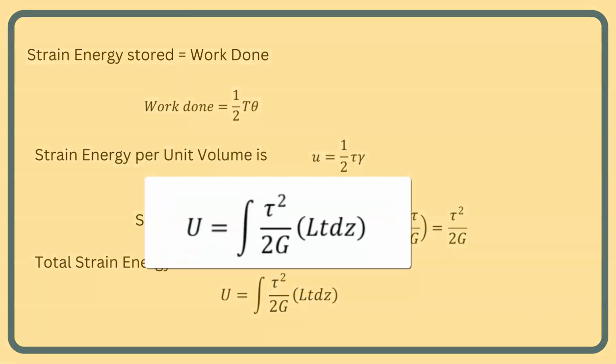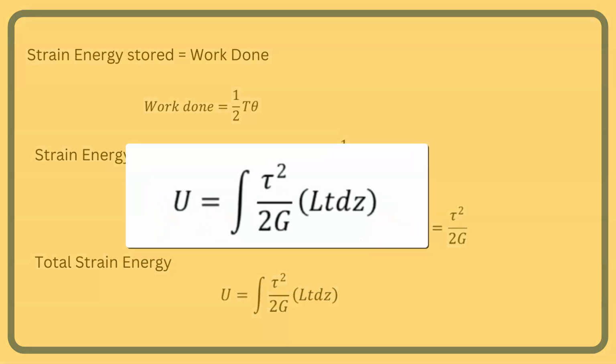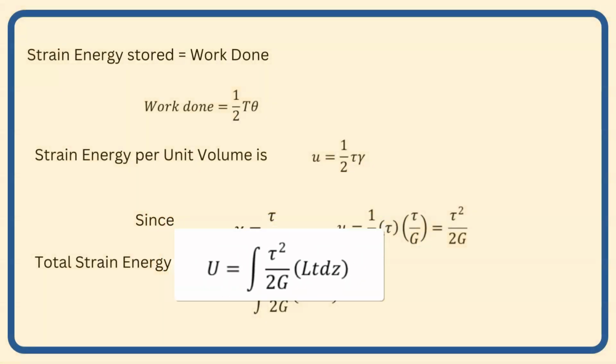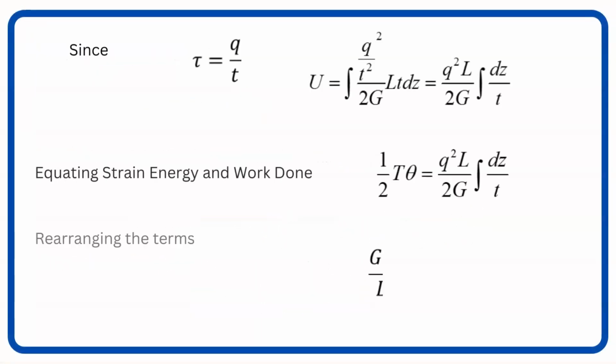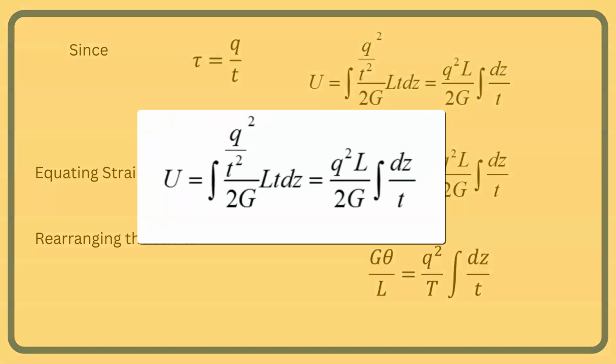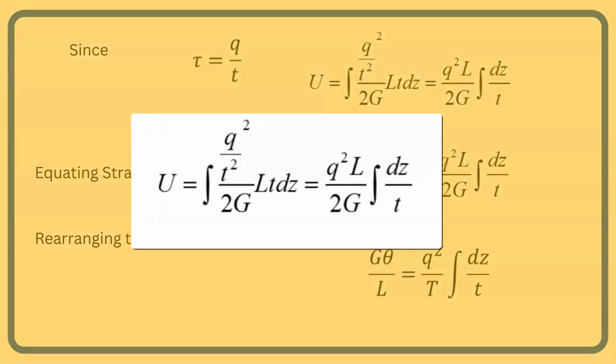The total strain energy is then calculated by integrating tau squared over 2G, multiplied by L, t, ds, over the complete periphery. With the substitution tau equals q over t, the total strain energy, U, is evaluated as q squared into L, divided by 2G, into the integration of ds over t.